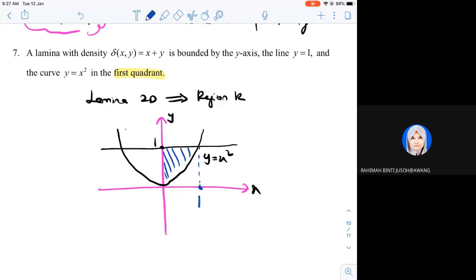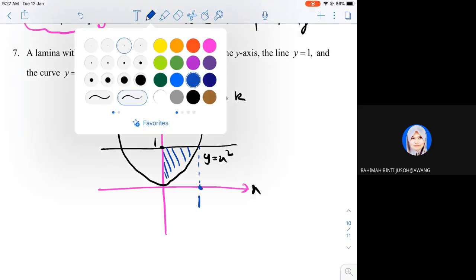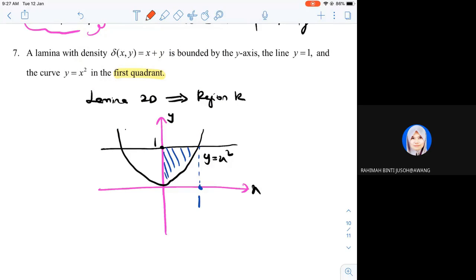Okay, good. So now, if I ask you the limit, this is the region, right? From bottom to top. What's the limit of y from where to where? y equals to x squared until y equals to 1. Okay, good.